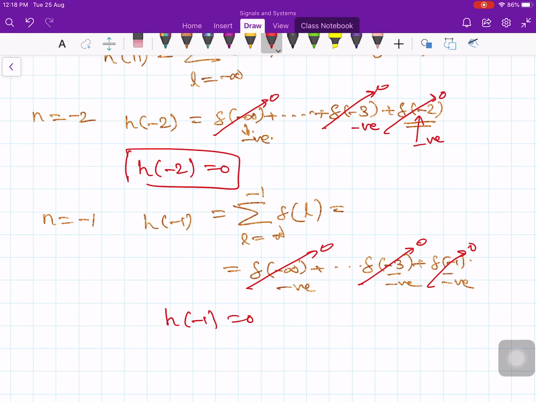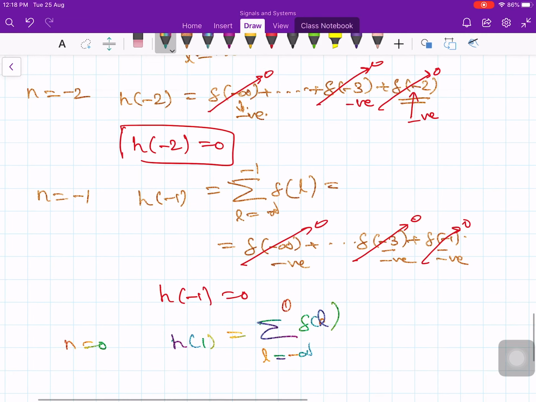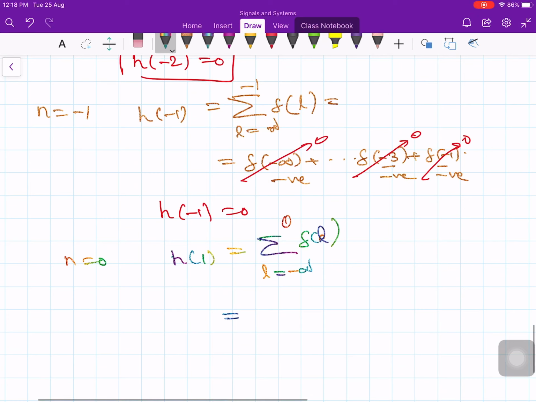Now, let us see the beauty when I take n equal to 0. Now, when n equals 0, then h of 0 is equal to sigma L going from minus infinity to 0 of del of L. Now, it is going to be del of minus infinity plus dot dot dot del of minus 3 plus del of minus 2 plus del of minus 1 plus del of 0.